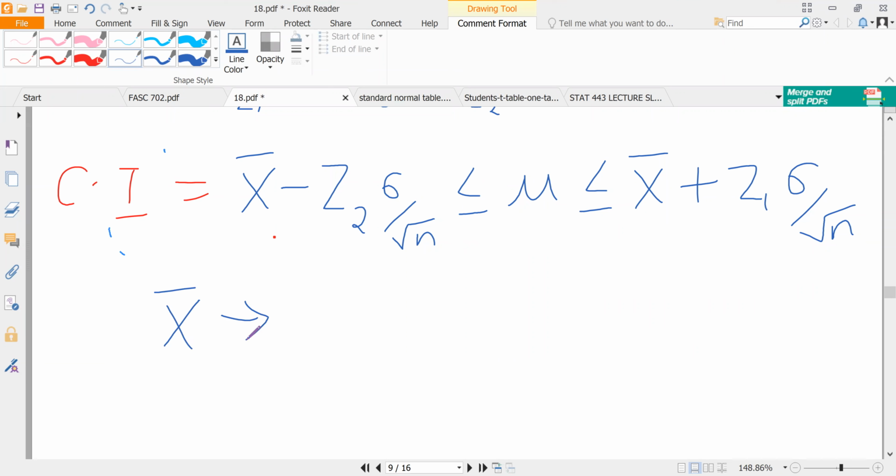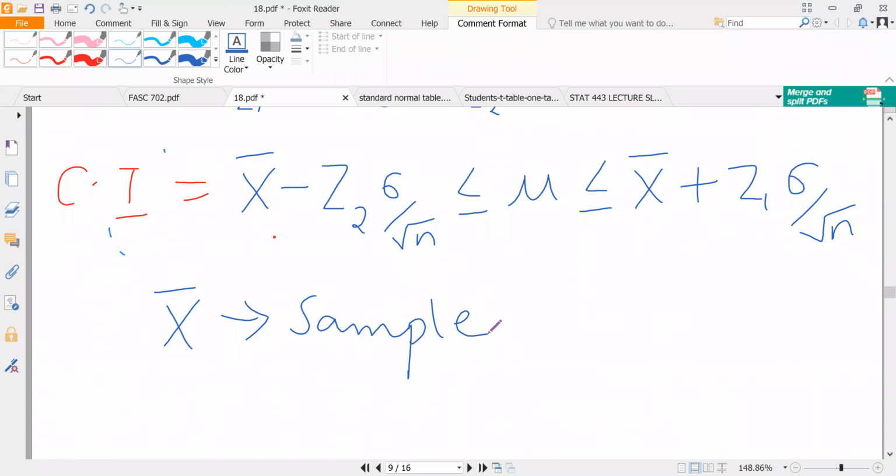This is the sample mean, so it can be calculated once you have your sample. N is the sample size. Sigma is the population standard deviation. But if you do not have the population standard deviation, you can use the sample standard deviation.